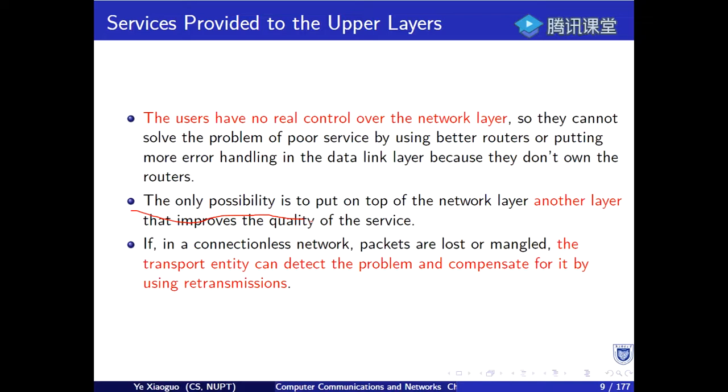If in the connectionless network, packets are lost or mangled, the transport entity can detect the problem and compensate for it by using error detection and retransmission, or FEC, right? So users need another layer over the network to improve the quality of service when the network cannot provide reliable transfer.